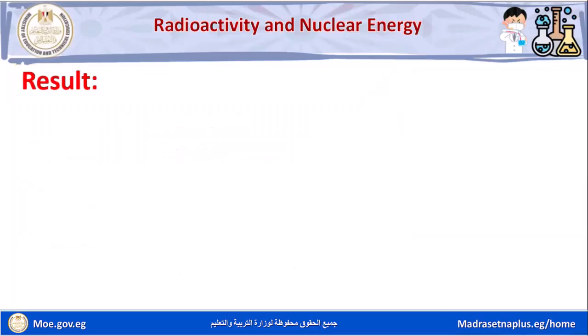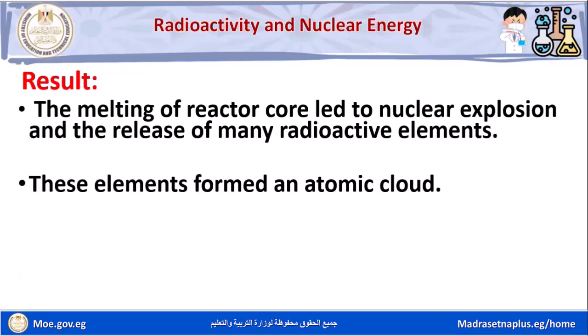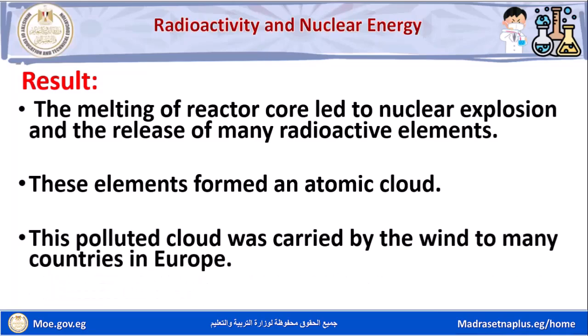Result: the melting of the reactor core led to a nuclear explosion and the release of many radioactive elements. These elements formed an atomic cloud. This polluted cloud was carried by the wind to many countries in Europe.